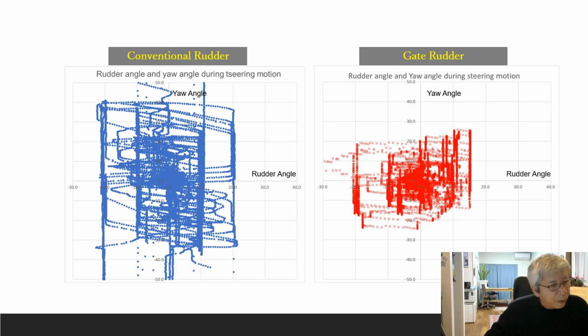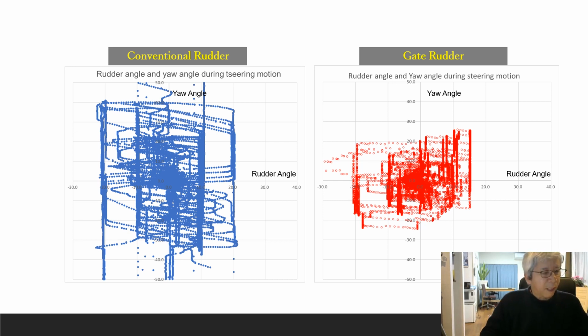In all conditions it shows a smaller yaw angle. I think this is very safe and also contributes to energy saving, because the resistance increment due to yaw motion is not negligible. So it is a very good advantage of the Gate Rudder.